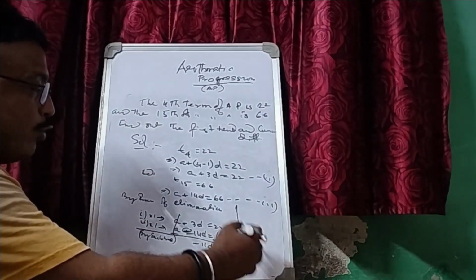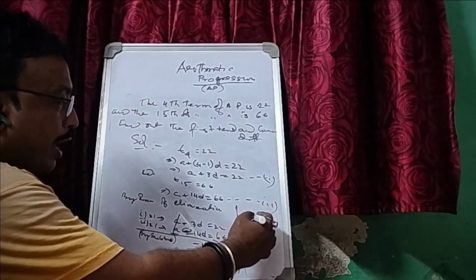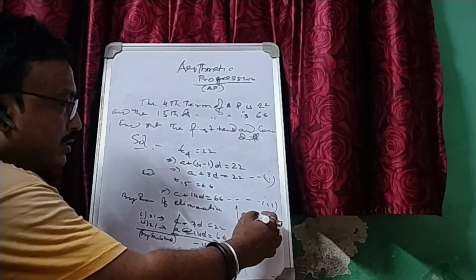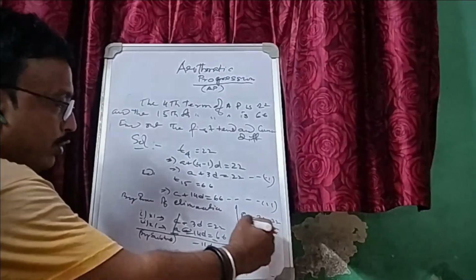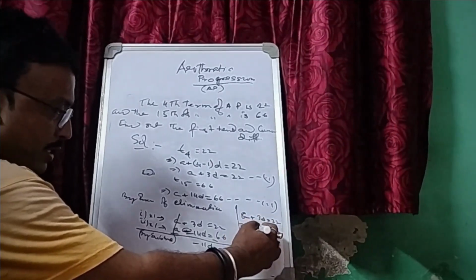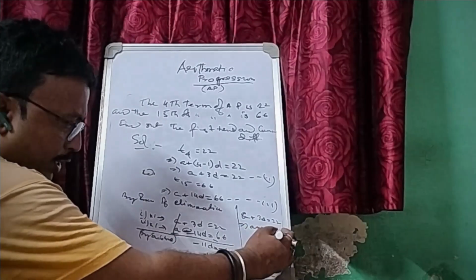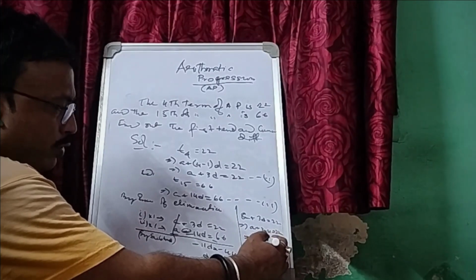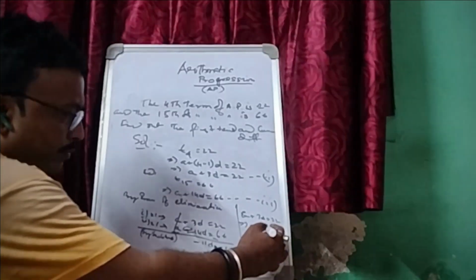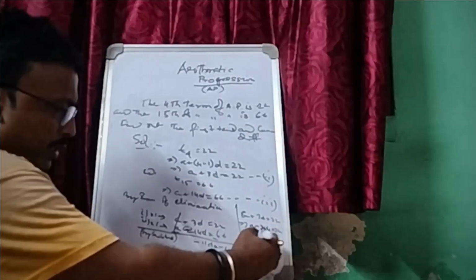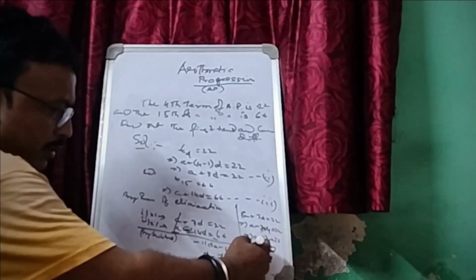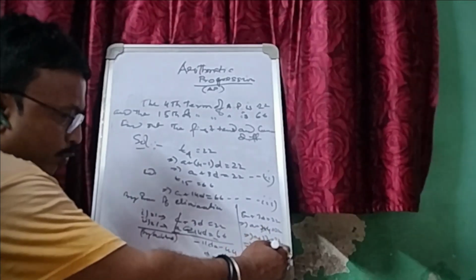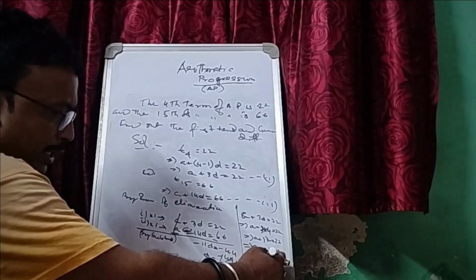Now put the value 4 in equation number 1. a plus 3d is equal to 22. a plus 3 into 4 is equal to 22. a plus 12 is equal to 22. a is equal to 22 minus 12. a is equal to 10.